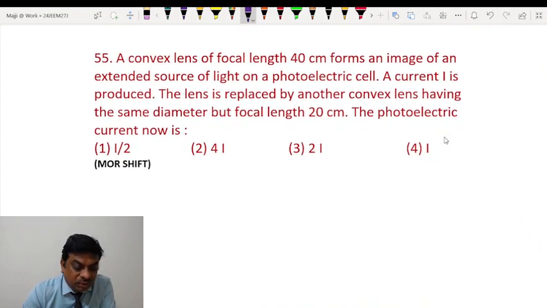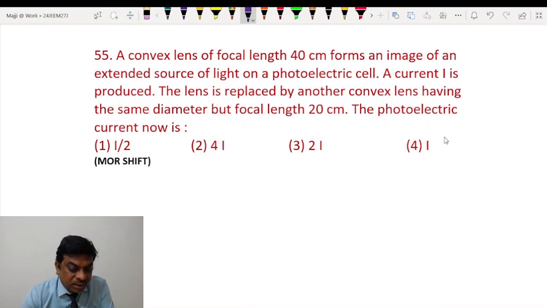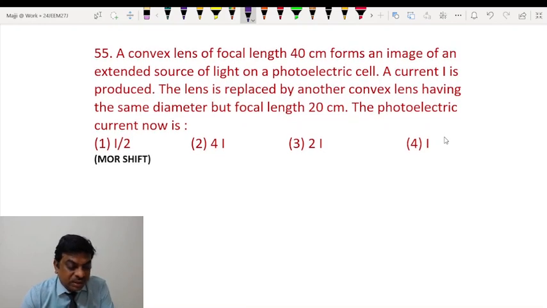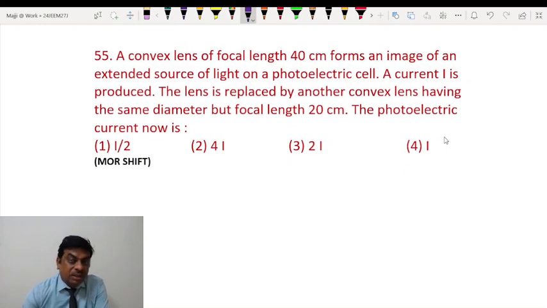A convex lens of focal length 40 cm forms an image of an extended source of light on a photoelectric cell. A current I is produced. The lens is replaced by another convex lens having the same diameter but focal length 20 cm. The photoelectric current now is.